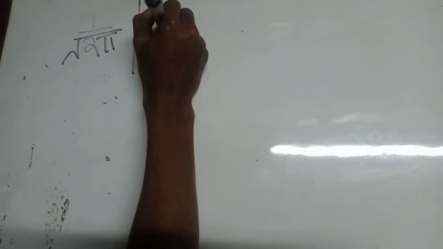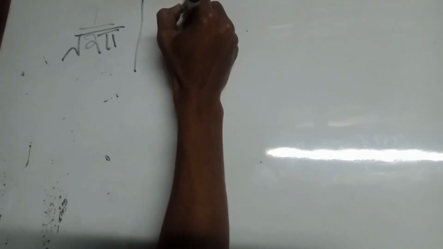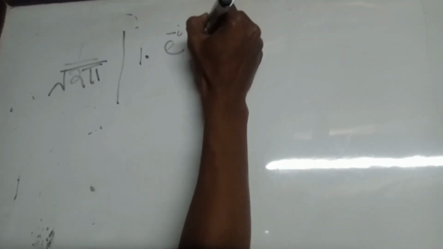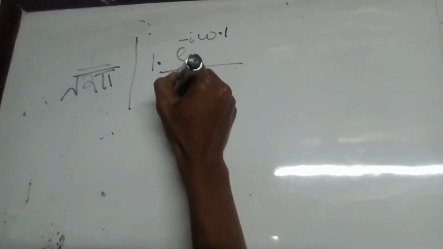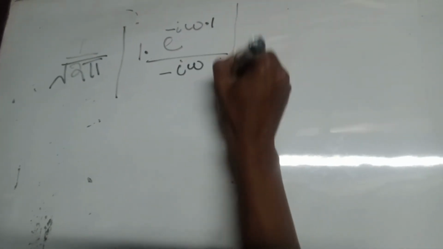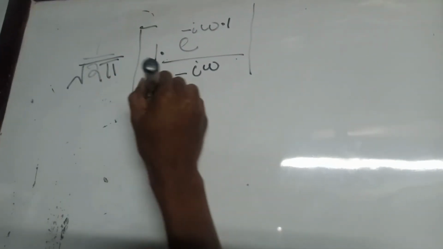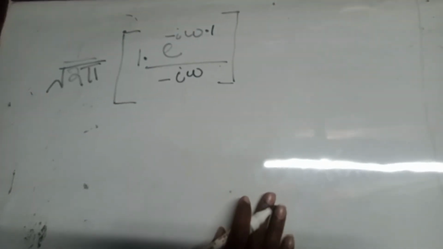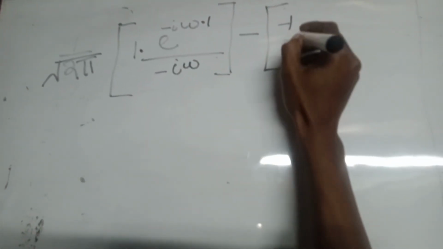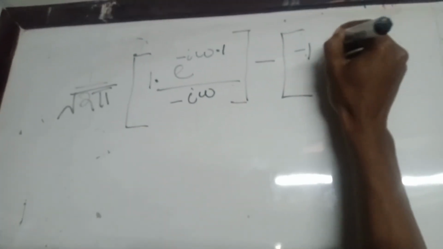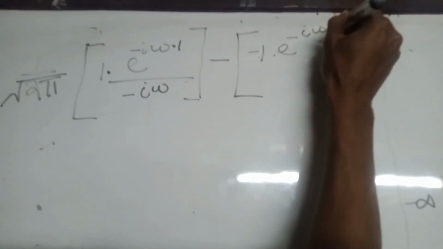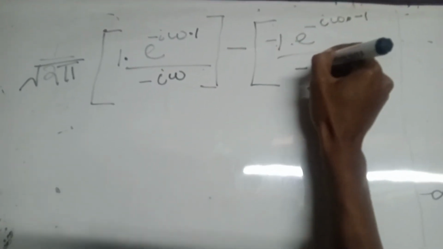Our first limit is 1, that is e raised to negative i omega times 1 over negative i omega, minus, for negative 1, our lower limit, e raised to negative i omega times negative 1 over negative i omega.